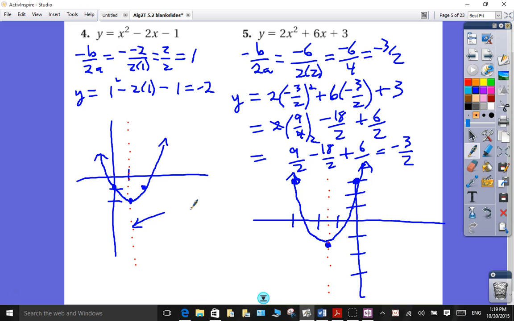What is the equation of that line? Okay, remember, the equation of a vertical line is x equals a number. What number is it? 1, right? The vertex is 1, negative 2, right? That point right there is 1, negative 2. So that line is x equals 1.